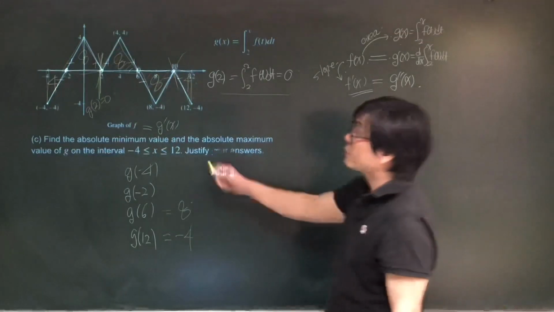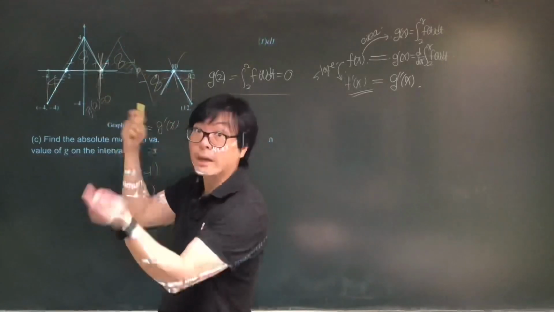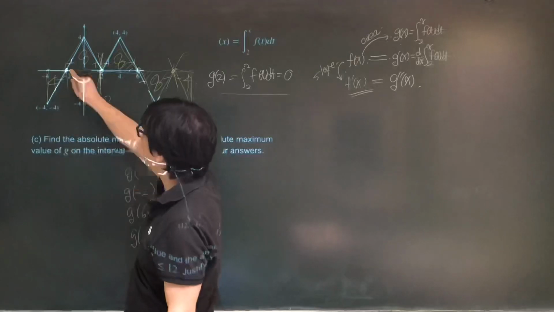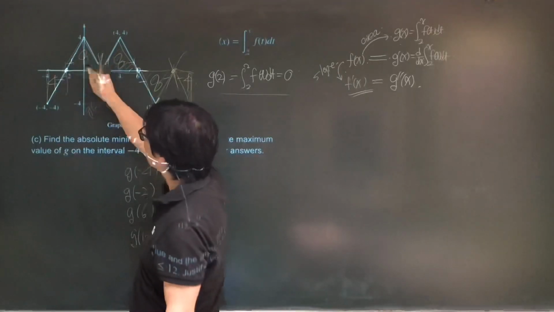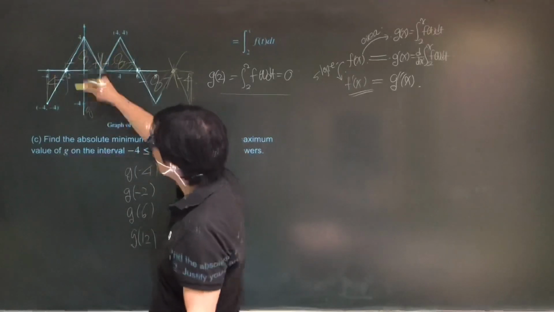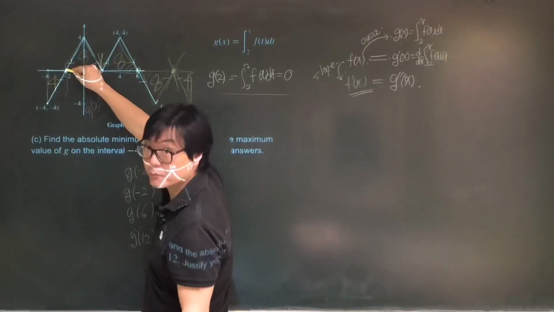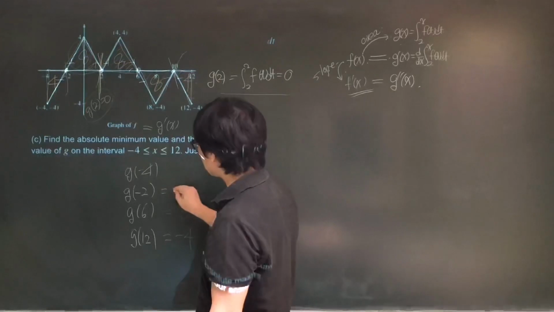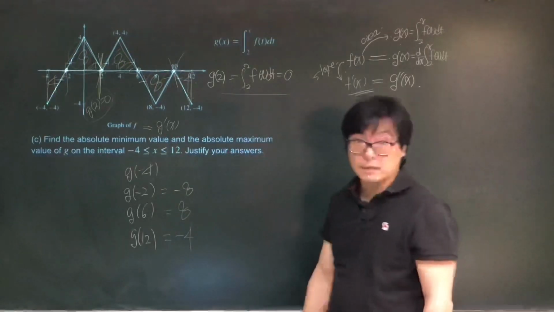Okay? And from here, in the opposite way, think about the value of g of 2, when you add 8, that should be equal to 0. From g of negative 2, when you add 8, that becomes 0. That means this one should be negative 8. Okay?